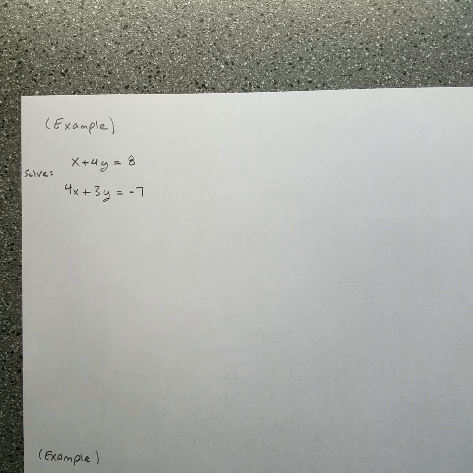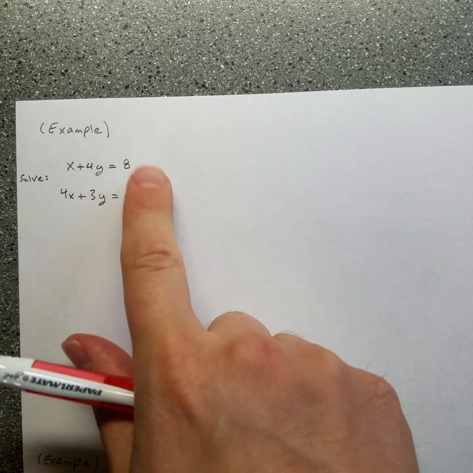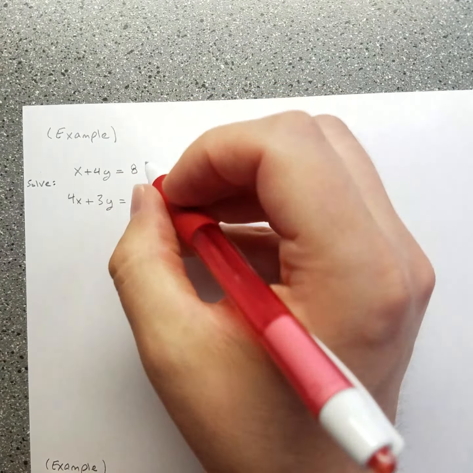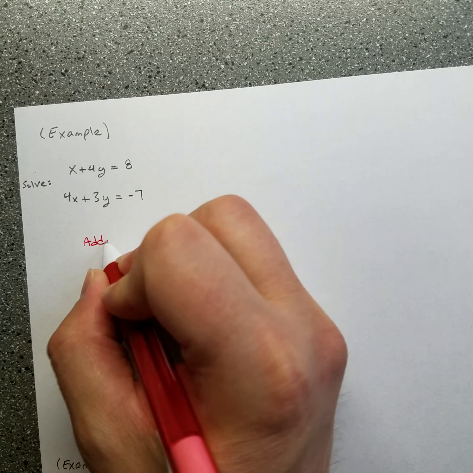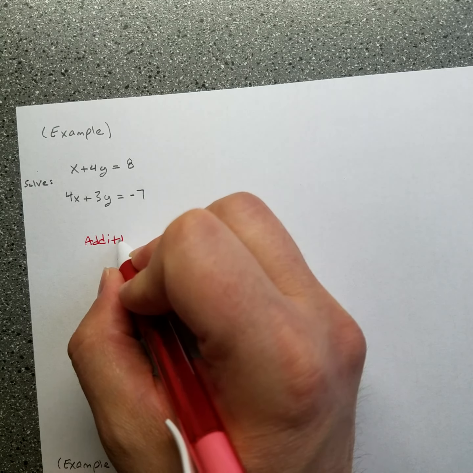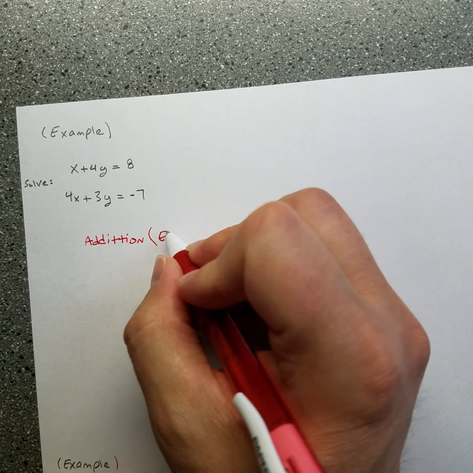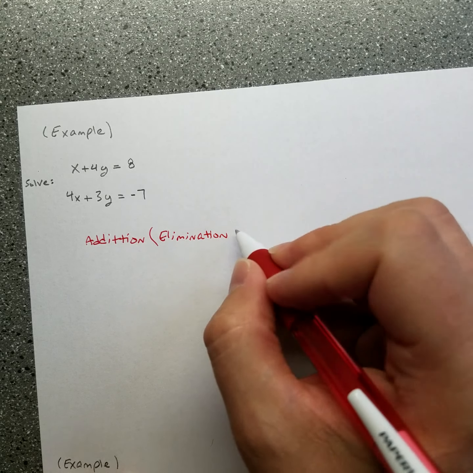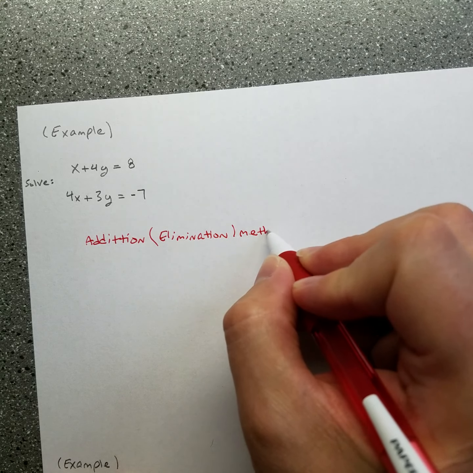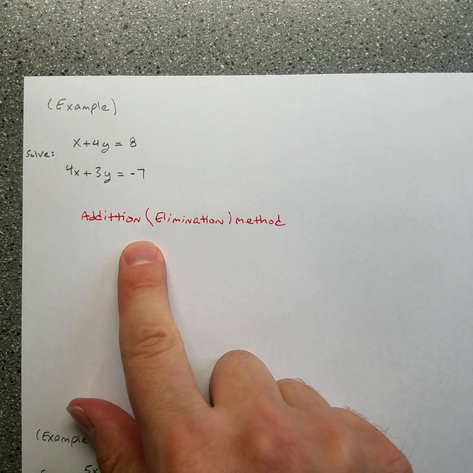So the other way that we can solve a problem with two equations and two variables is something called the addition method, and sometimes it's called the elimination method. I can't remember what it's called on the assignments or in the book. Both of those terms are used.